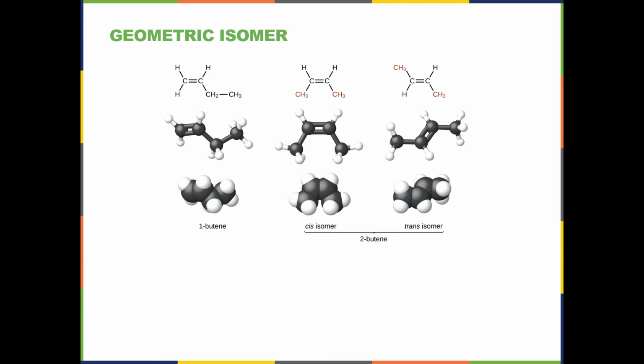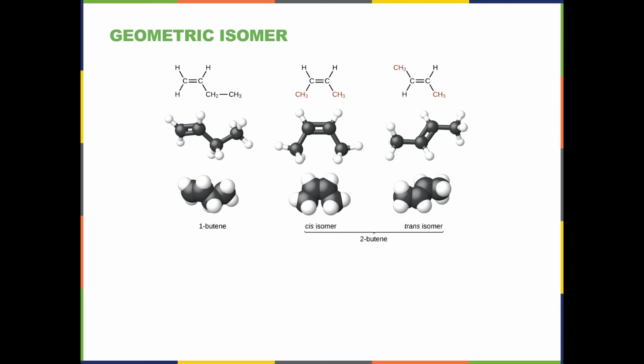And it occurs if the double bond is somewhere in the middle of the molecule as opposed to one of the ends. In the middle, both CH3 groups are on the same side of the double bond, and on the right, the two CH3 groups are opposite each other. If they're on the same side, that's called cis. If they're on opposite sides, that's called trans.